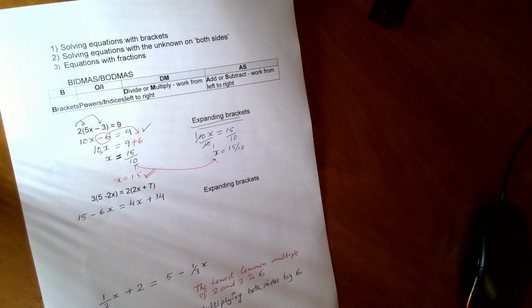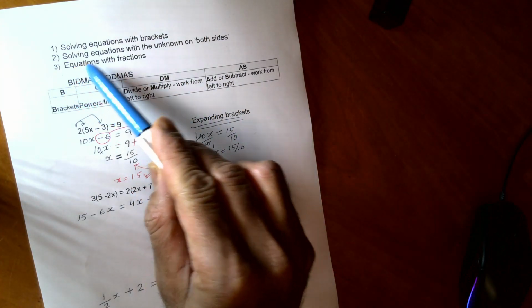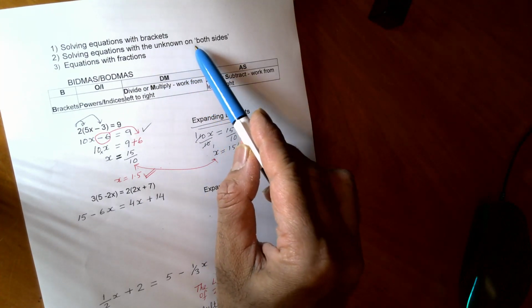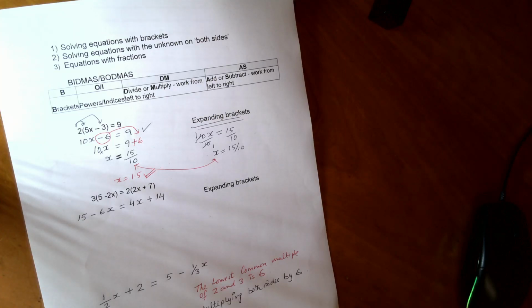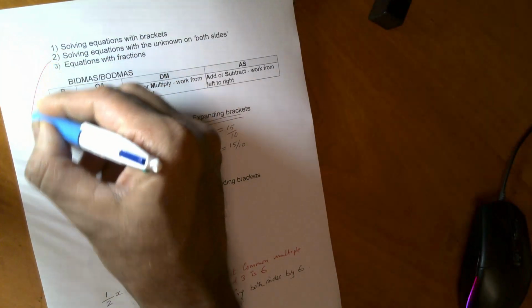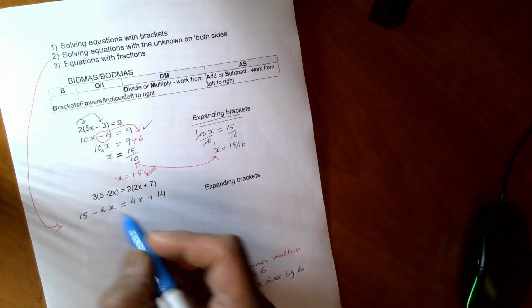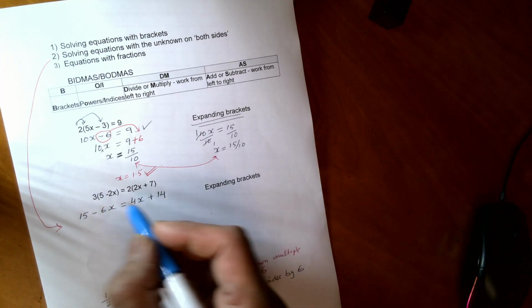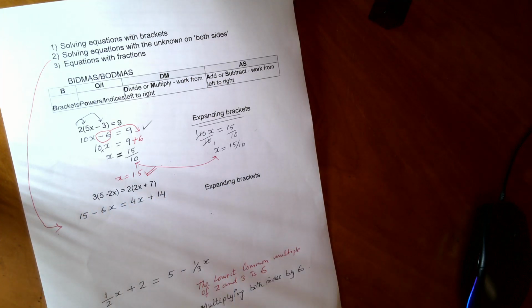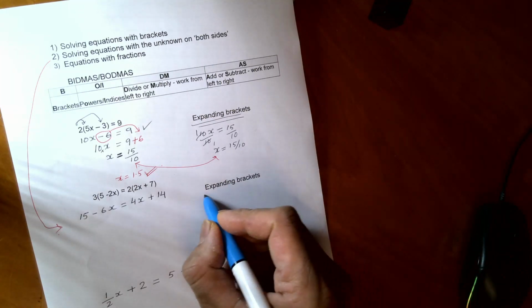Now move to another one, which is solving equations with the unknown on both sides. This is the example. Sorry, this one. So you have this equation here. Again, you expand these brackets.